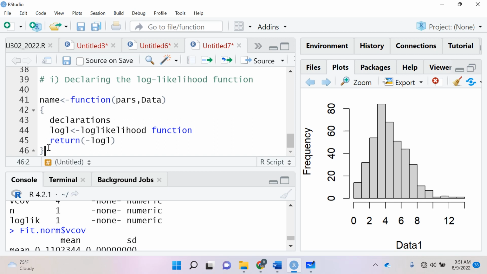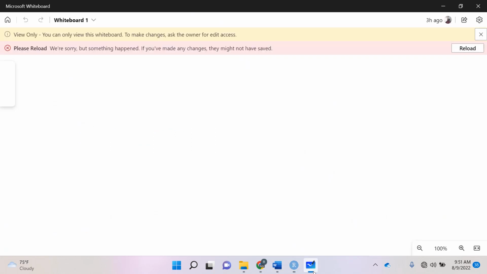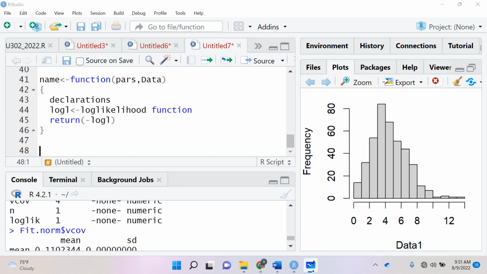What is an example? Let's go and look at the Poisson distribution.